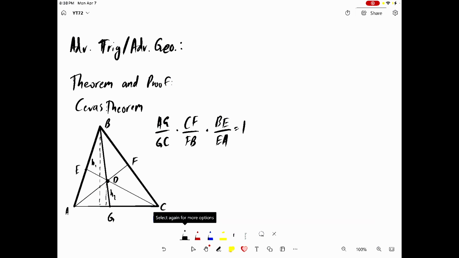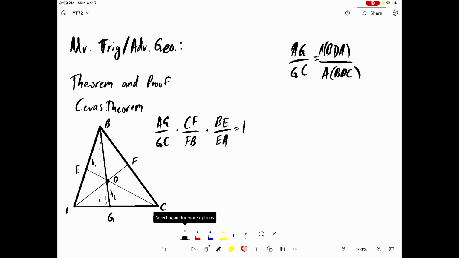We need to get AG divided by GC is equal to the area of BDA divided by the area of BDC.